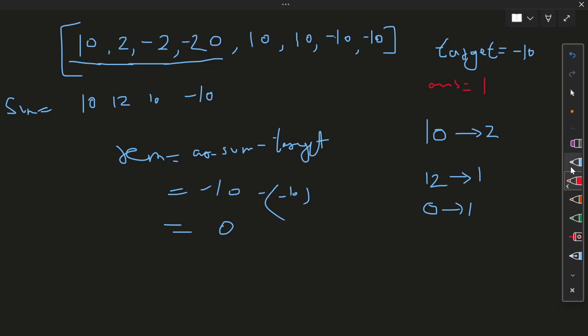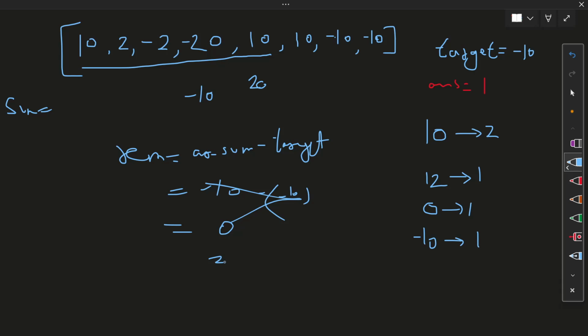Then we got minus 10 from this to this index. So just consider this. We got minus 10. It is useful to find the remainder, and it is occurring only once. So we will move ahead. From this to this index, we got 20. So we will again write 20 minus minus 10.